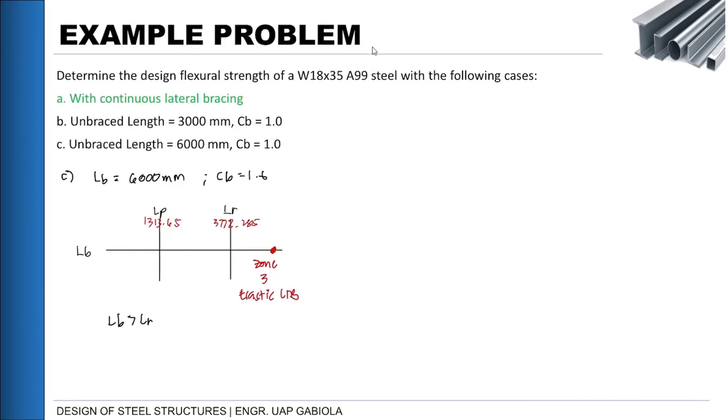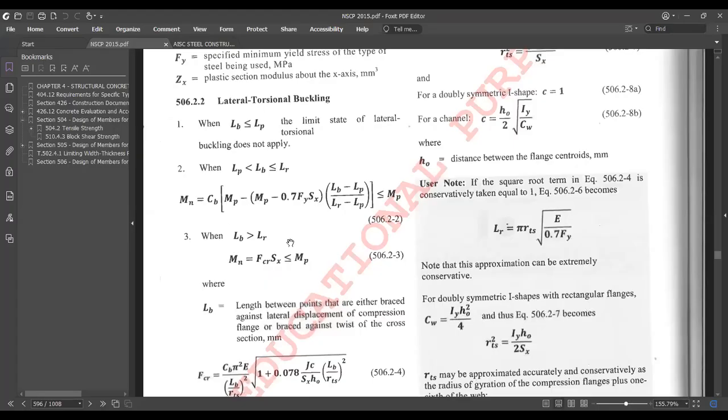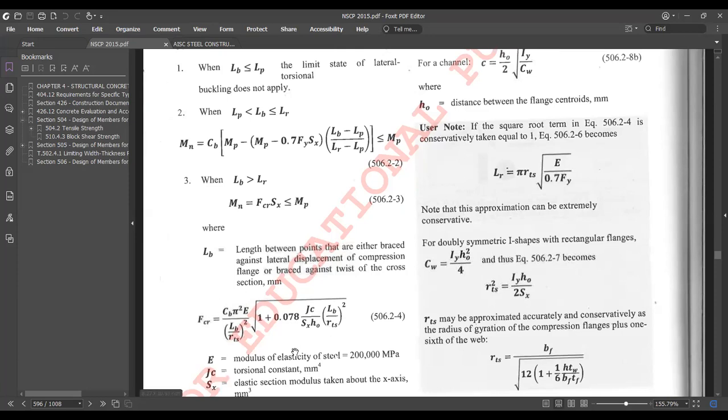Okay? And looking at the code, kapag LB is greater than LR natin, ito yung formula natin for MN. So, MN is equals to FCR times SX natin. And si FCR, may formula siya. Ito yung formula niya. No?